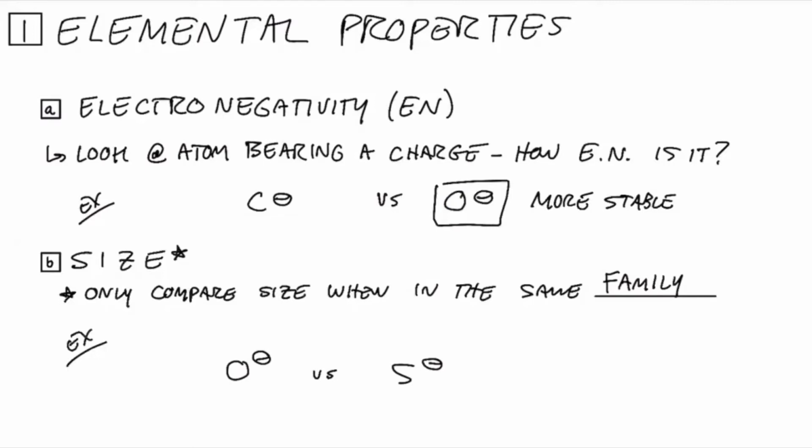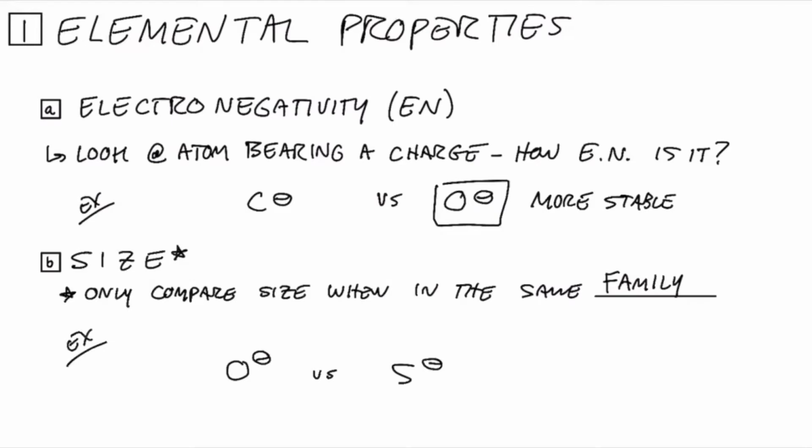So as we go down a column, or across in the opposite direction in the periodic table, atomic size gets larger. What this means is that if we have a big atom, that means just a bigger area for electrons to float around in. They both have a -1 charge, but sulfur can distribute that negative charge over a much bigger area than oxygen can.